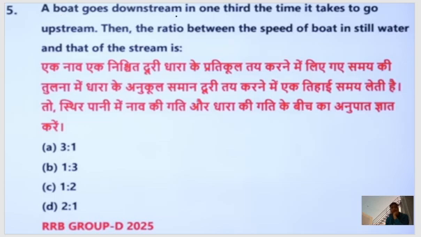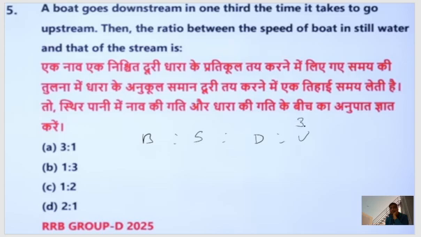a boat goes downstream in 1/3 the time it takes to go upstream. It means the time ratio is given and they are asking for the boat to water's ratio. So here we know boat, stream, downstream and upstream. In the question the time ratio is given.